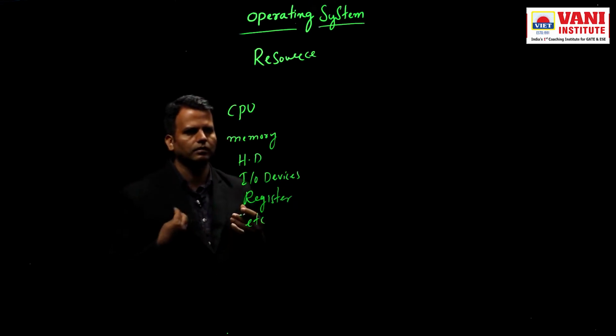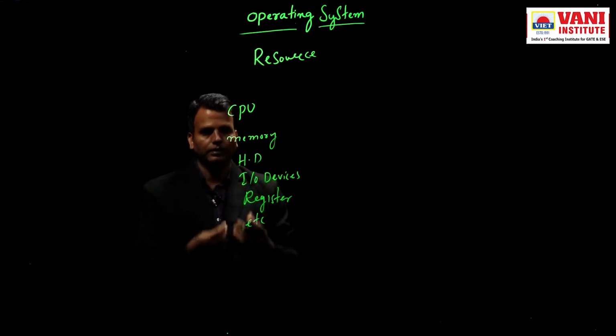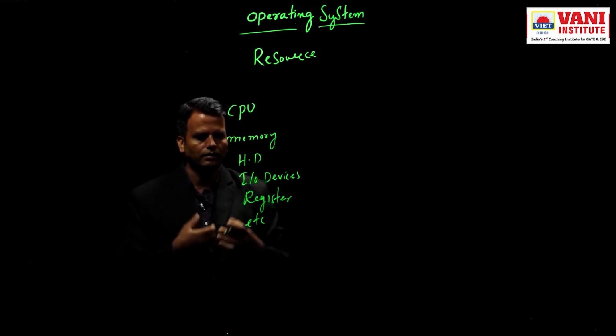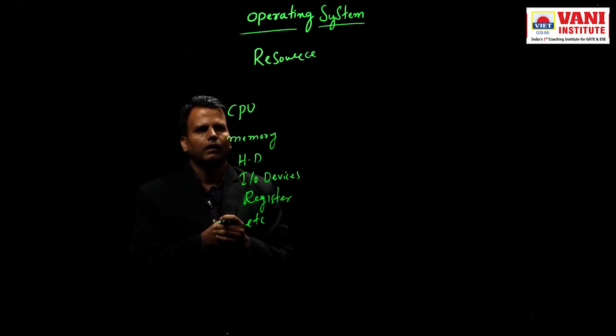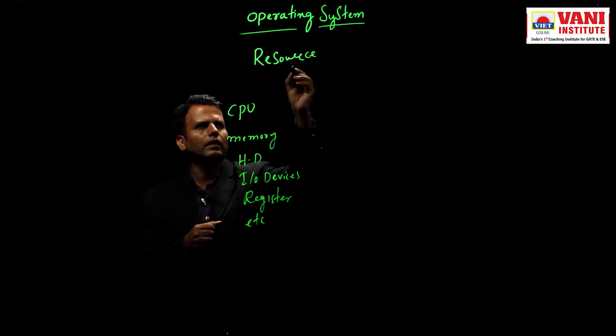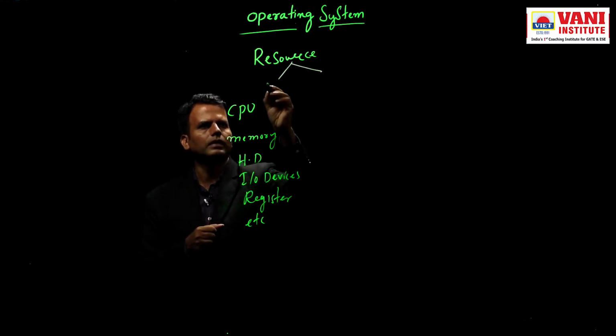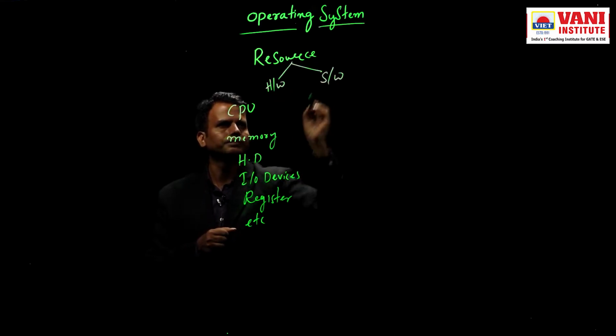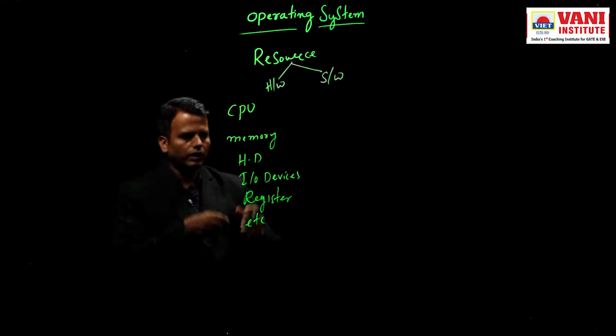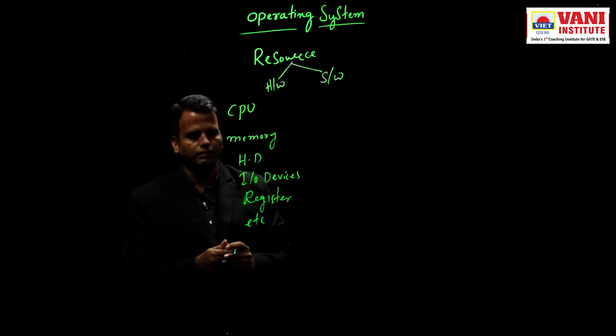The term resource gives this illusion that these are the resources we generally see. But in the context of operating system, resources are classified into two parts: hardware resources and software resources. Whatever we have listed here is a hardware resource.